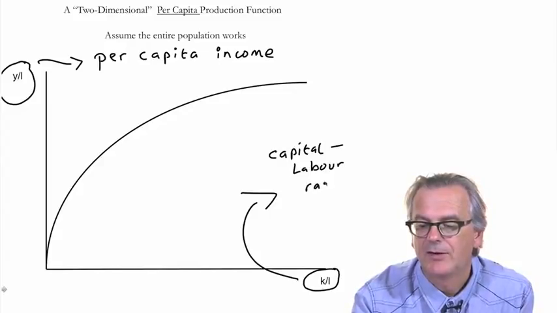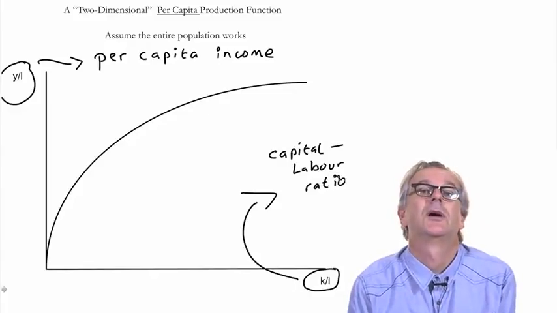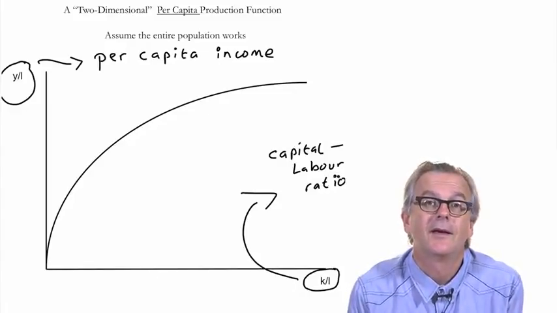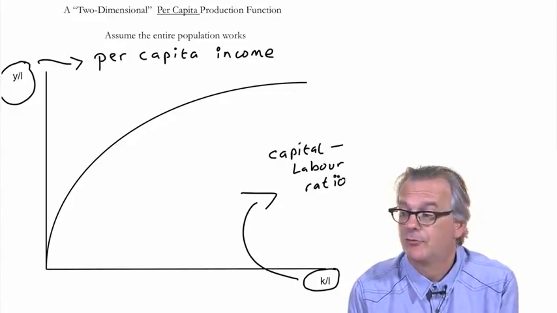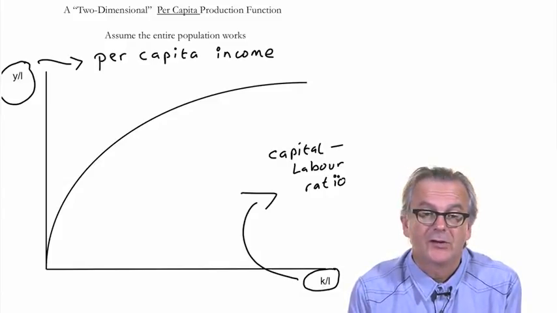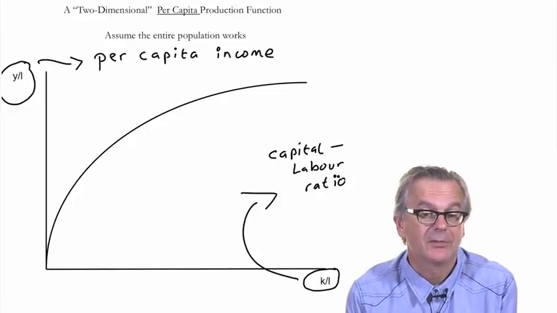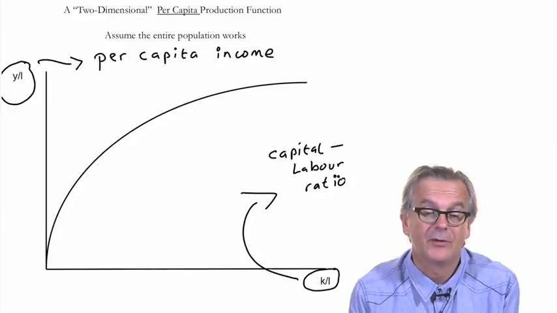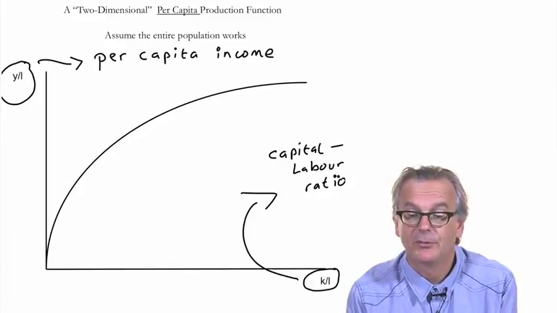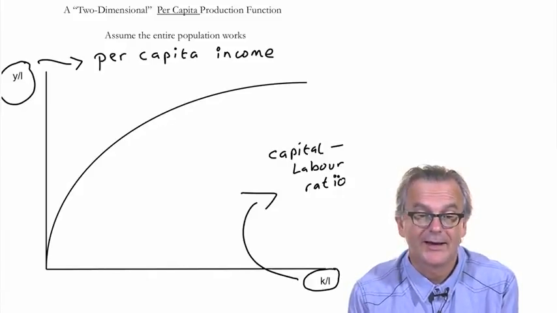Think of this as the average amount of capital that is available to a worker when they turn up for work. So here we have the production function in per capita terms. We have per capita output, which is the same as per capita income, on the vertical axis, and the capital labour ratio, the amount of capital available in the economy per person, on the horizontal axis.